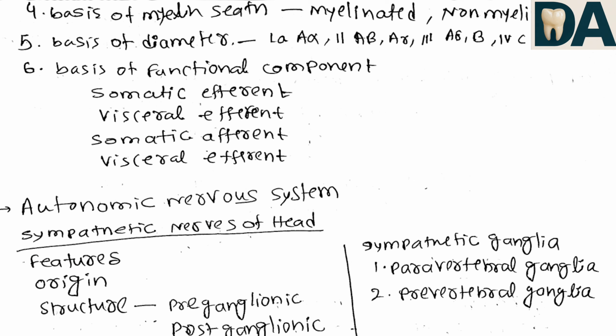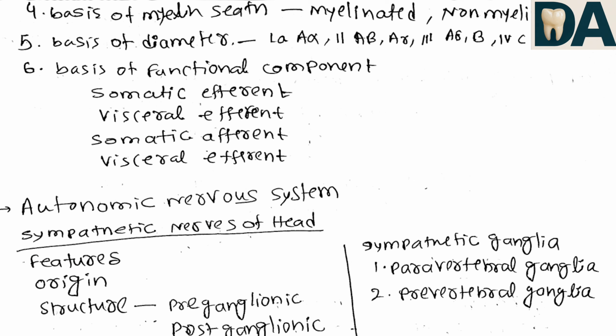Visceral efferent nerve fibers are fibers which transmit motor impulses from the spinal cord to the smooth muscles, cardiac muscles and glands. Somatic afferent nerve fibers are fibers which transmit exteroceptive and proprioceptive impulses from the body to the spinal cord.